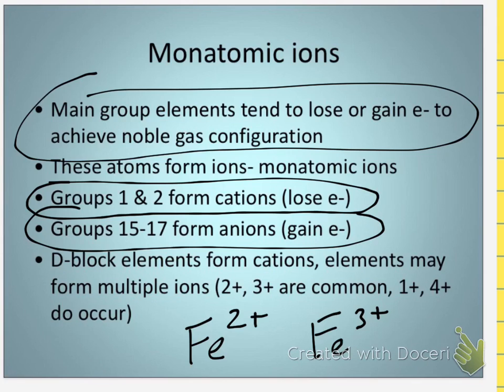Chromium is the all-time crazy winner because chromium forms chromium 1, 2, 3, 4, and 6, I think. I don't know if there's a chromium 5. Actually, I'm not sure about chromium 1, but I know 2, 3, 4, and 6. I have to look up the others. It's crazy, absolutely crazy. And chromium-6 is incredibly toxic.